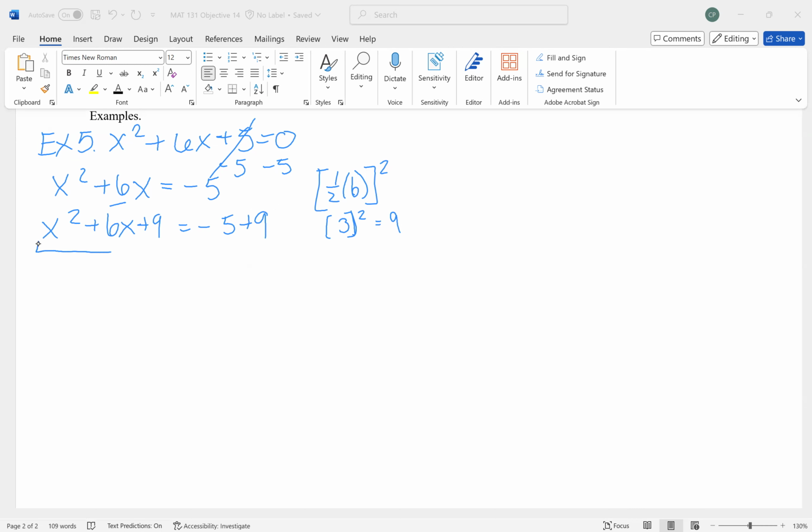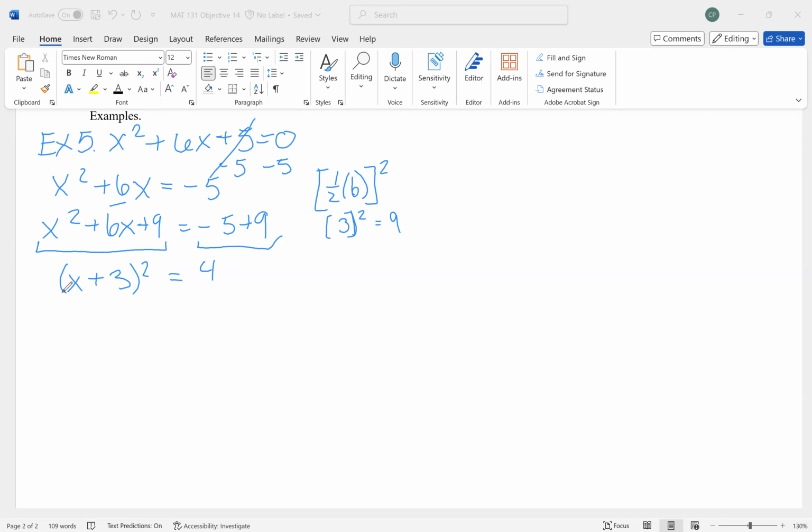On this left side, I'm going to factor it into x plus 3 squared. And on this side, I am going to have negative 5 plus 9, which is going to be 4.